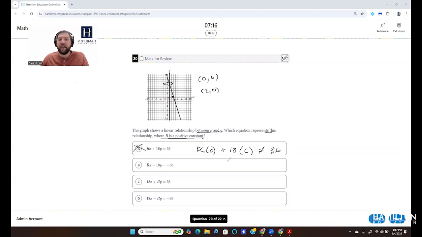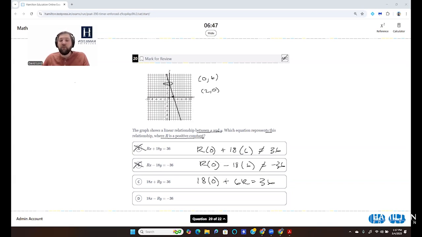So we can cross off A. If we try B, same point, r times 0 minus 18 times 6, that does not equal negative 36. So we can cross off B. Now, because you just plugged in (0, 6), you may want to try that again for C. But it's not going to help, because you're going to get 6 times r is equal to 36, which may be a true value. We'd have to solve for r.